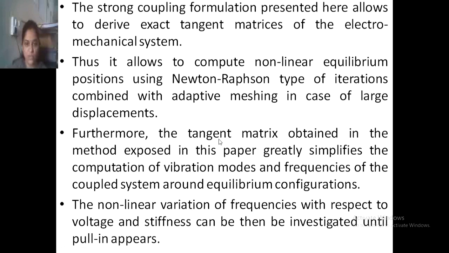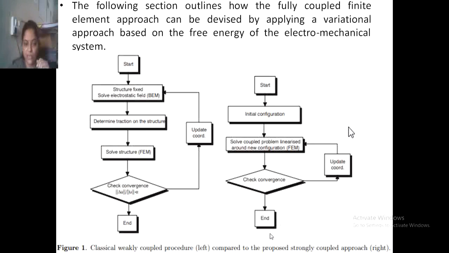Furthermore, the tangent matrix obtained simplifies the computation of vibration modes and frequencies, and the nonlinear variation of frequencies with respect to voltage and stiffness can be investigated until pull-in appears. So here we have seen the weakly coupled procedure as well as the strongly coupled approach. Thank you.